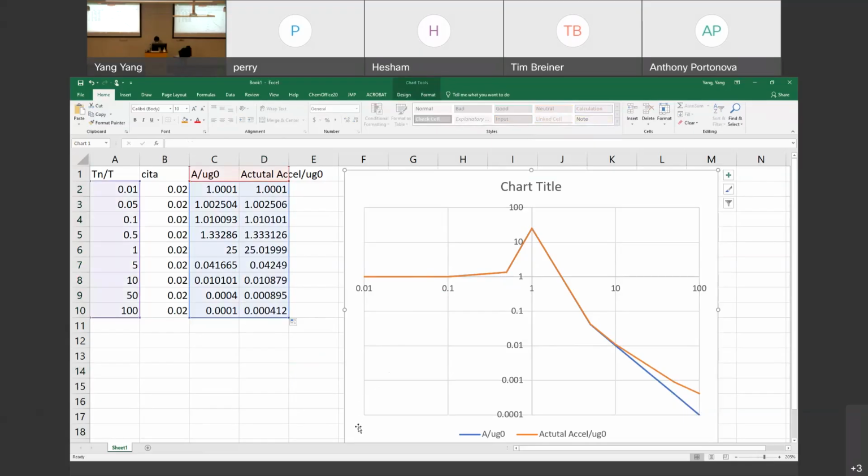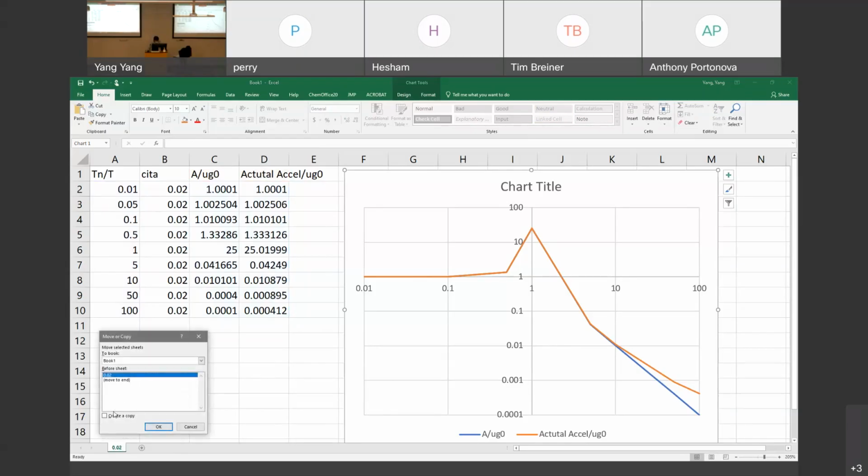In the case where you have more data points, there's not much difference here because we use a very small damping ratio. So in your case, for example, you can mark this spreadsheet as damping ratio equals 0.02. If you want to use a different damping ratio, you just make a copy here.